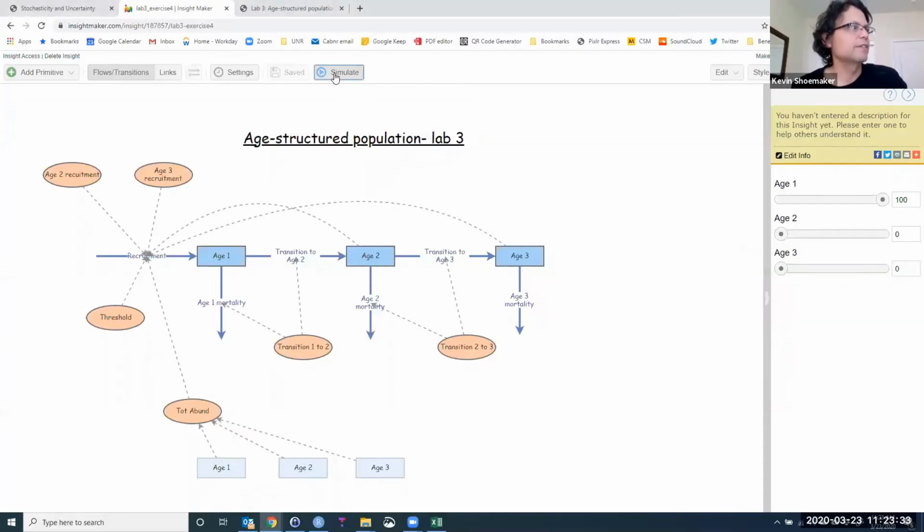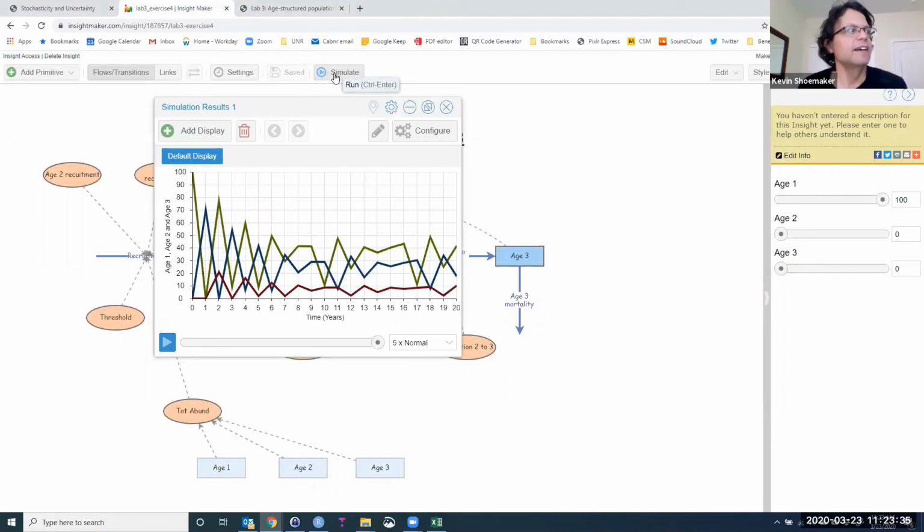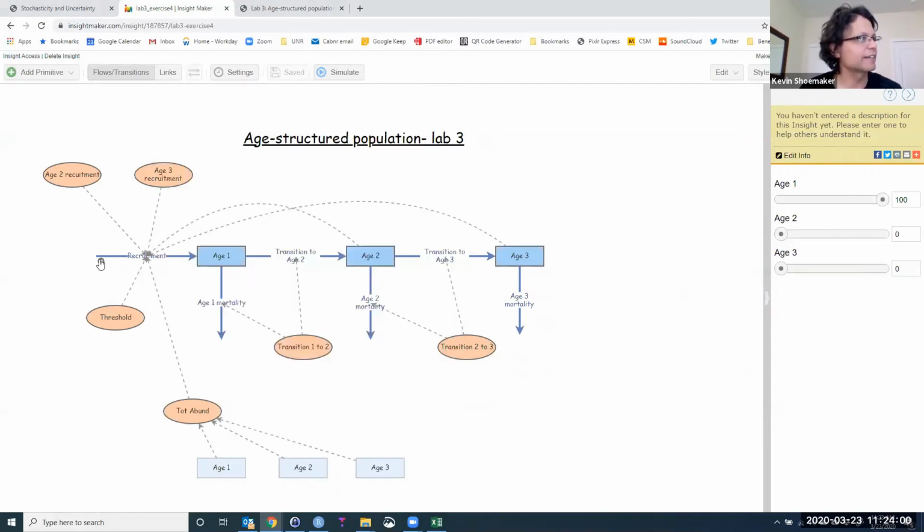So if I simulate this, it really bounces around a lot at the beginning because you start way out of stable age distribution. You start off with 100 in age 1 and 0 in age 2 and 0 in age 3. But we're adding an additional effect here, that if the population exceeds a certain level, then, let's look at the equation because I already forget exactly how it works.